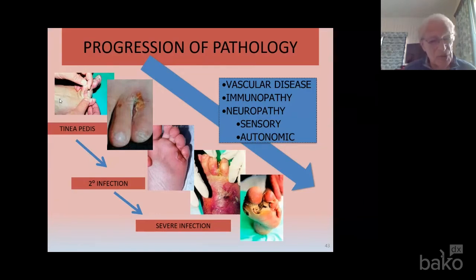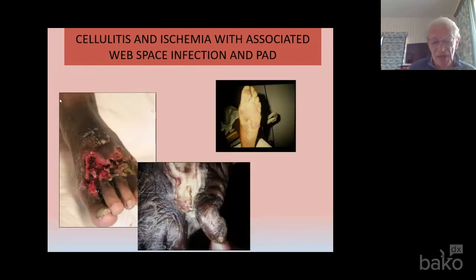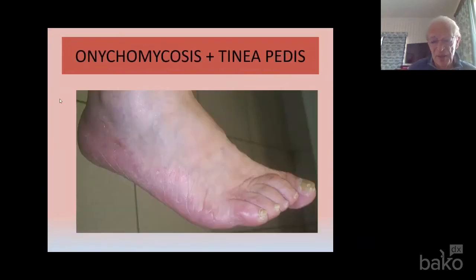So, although we start with a relatively simple problem, once again, for lack of a nail, the shoe was lost, and for lack of the shoe, the horse was lost, and for lack of the horse, the rider was lost. So we have these cases, as I showed earlier, where simple toe web space infections have resulted in serious pathology.